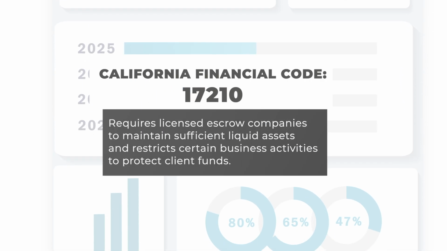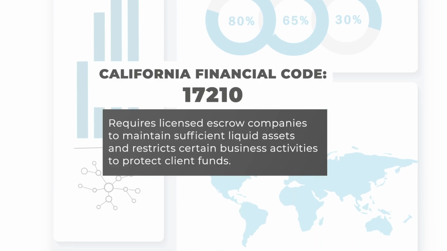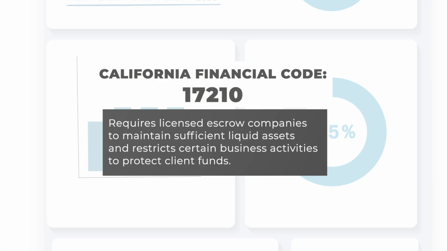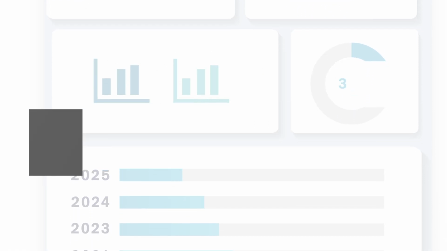It talks about liquidity: the escrow company has to have enough cash, marketable securities, or other liquid assets that exceed the current liabilities of the company by $25,000. So let's say you have $100,000 in the bank. Your current liabilities cannot be more than $75,000, or you'll fall out of compliance with Section 17210.